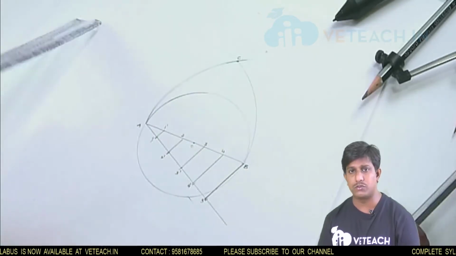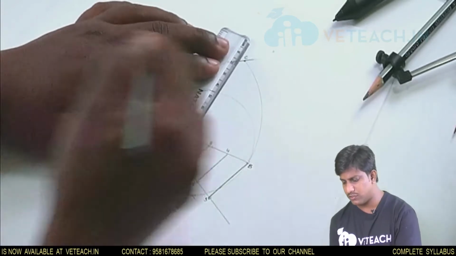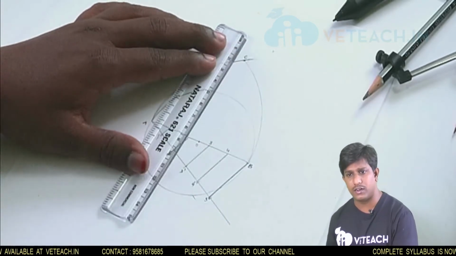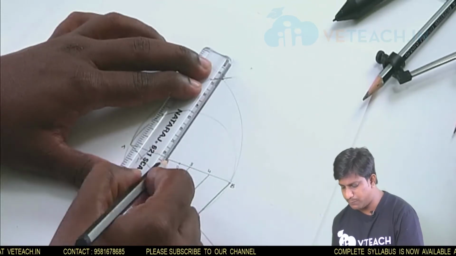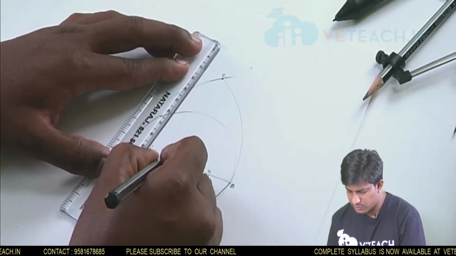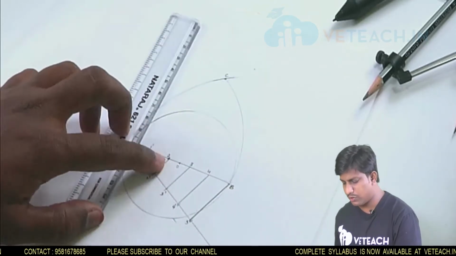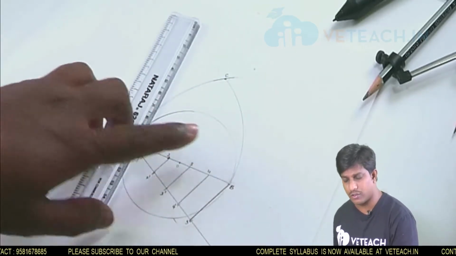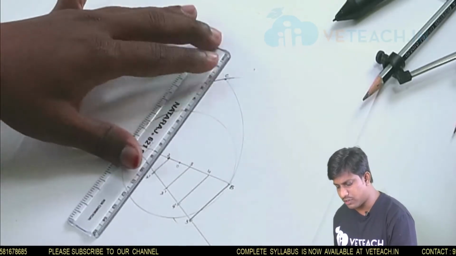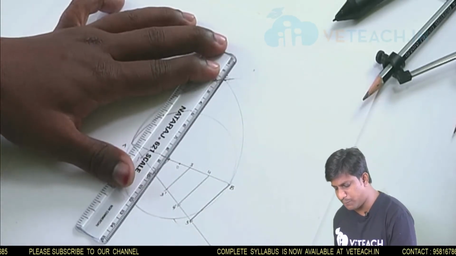Then what we have to do is, from C, this is the point we have named C, draw a line by touching point 2.